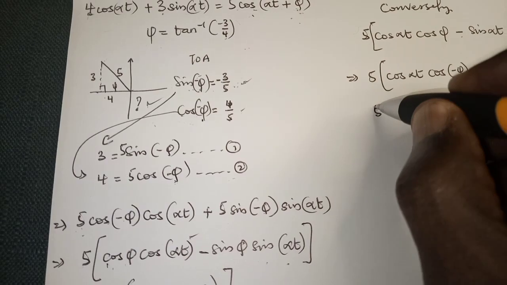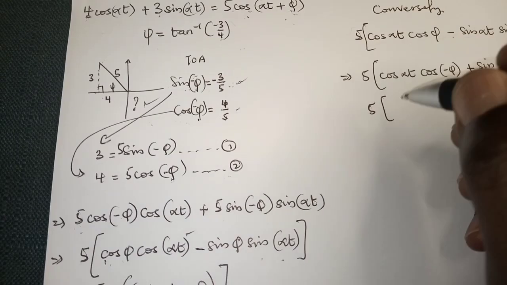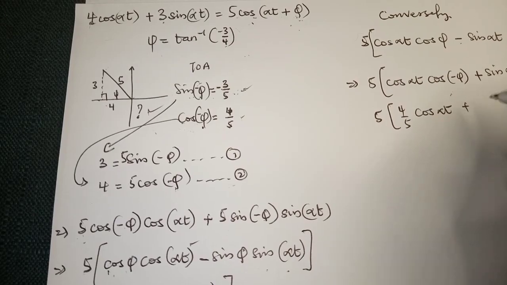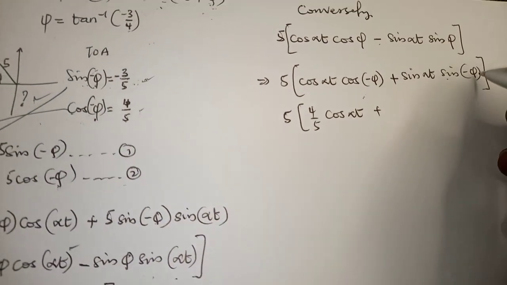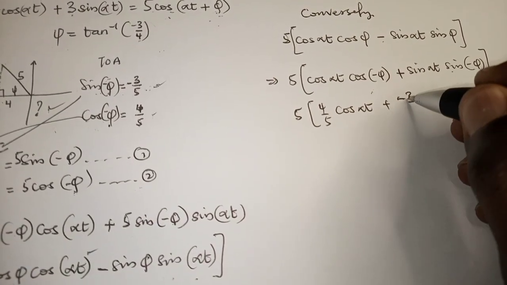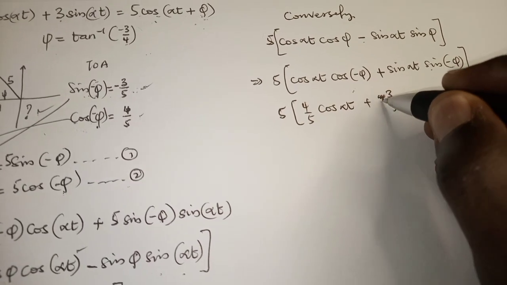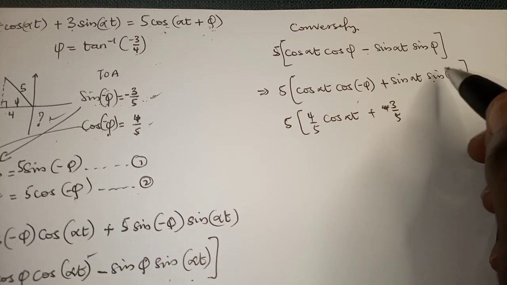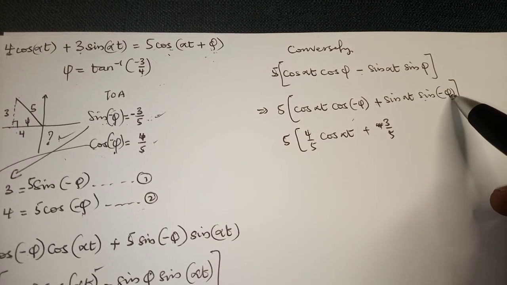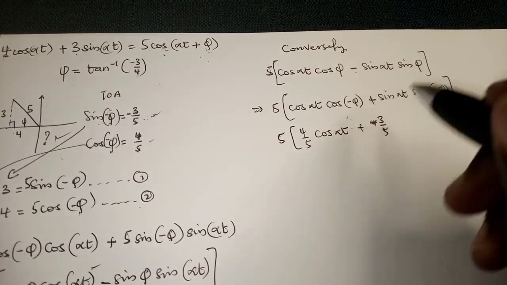So we have 5 bracket open. Cos of negative phi will be 4 on 5, so cos alpha t, plus the same thing here with 3 on 5. There's no need to put the negative again, because we have already applied it; negative times negative gives positive.